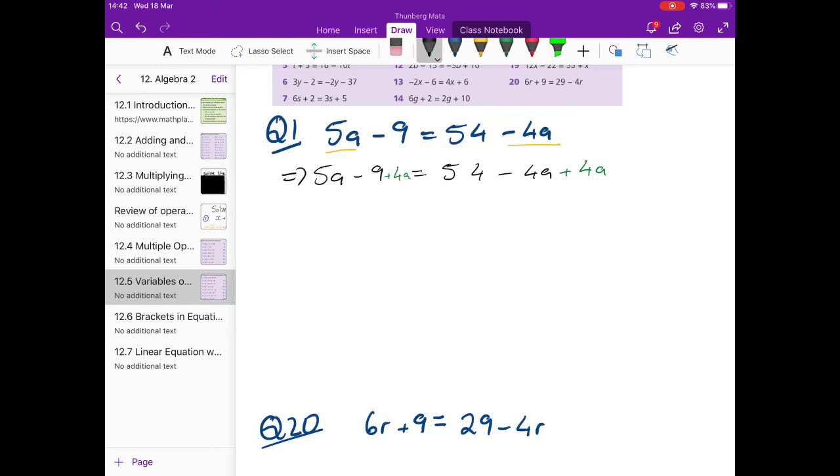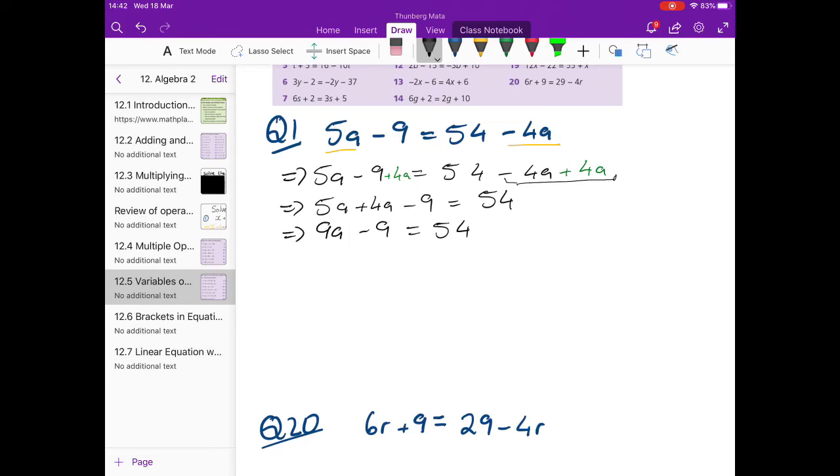When I do that, I'll be left with 5a plus 4a minus 9 is equal to 54, because the minus 4a and the plus 4a here will cancel each other out. Now I'll be left with 9a's minus 9 is equal to 54.